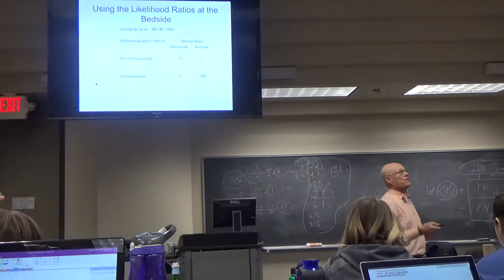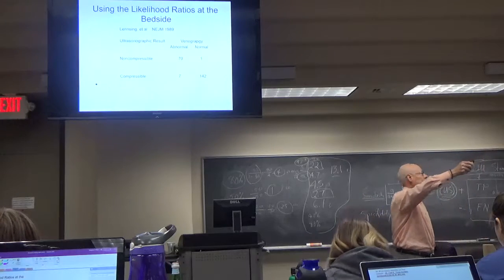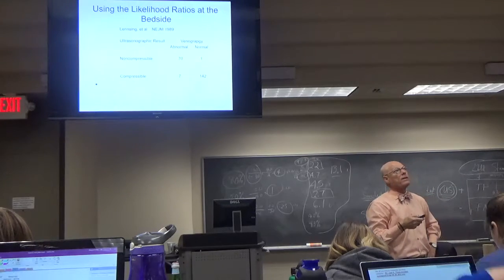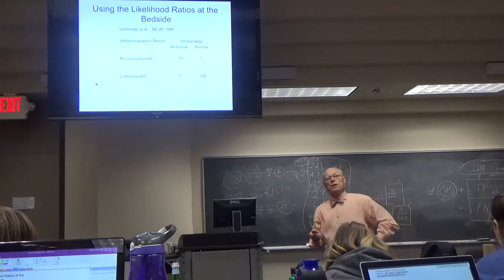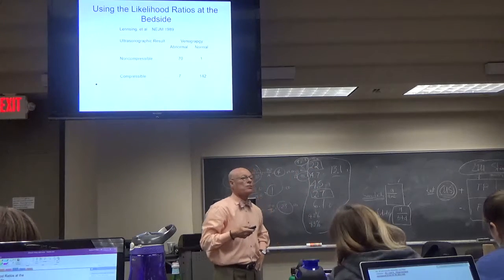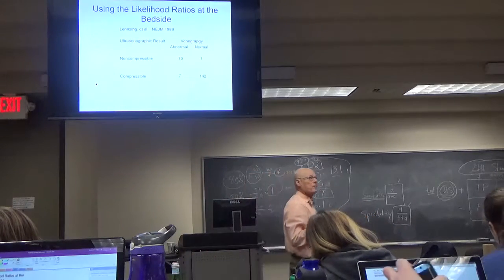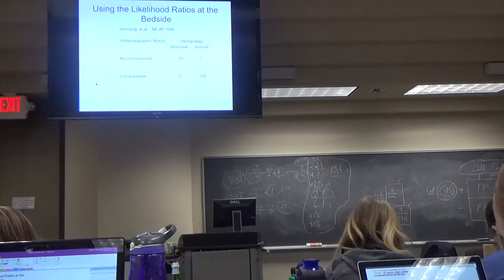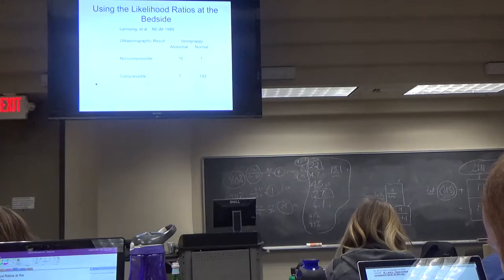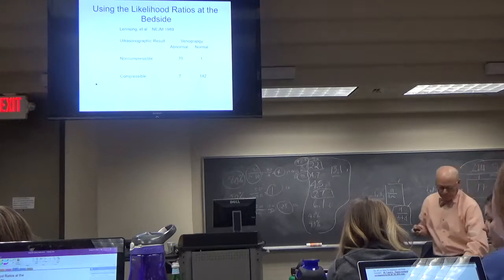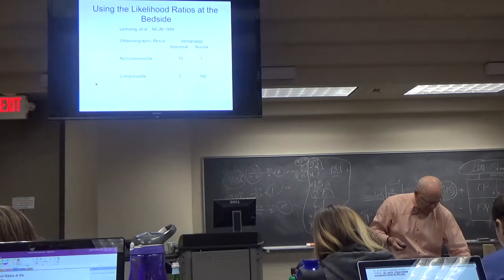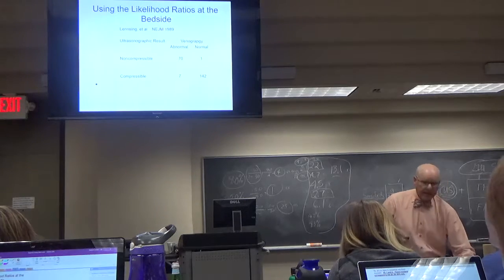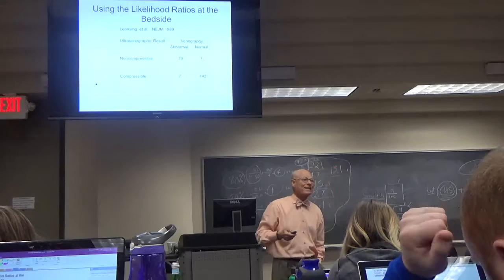Okay, so this is ultrasound and venography, like we started the lecture. And this is ABCD. So tell me, based on this 2x2 table, what's the sensitivity of ultrasonography? Okay. What's the specificity? 99%? Well, that's a pretty good test.